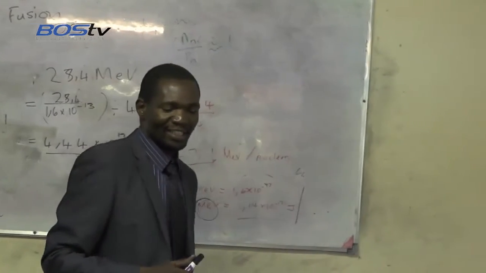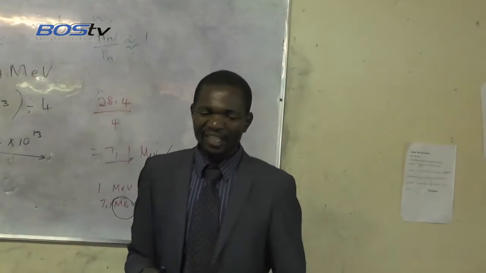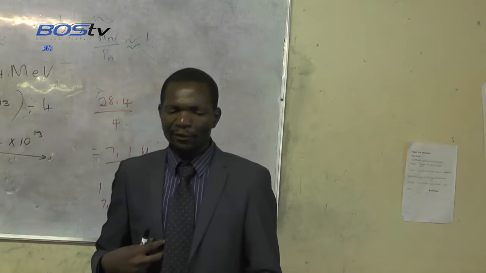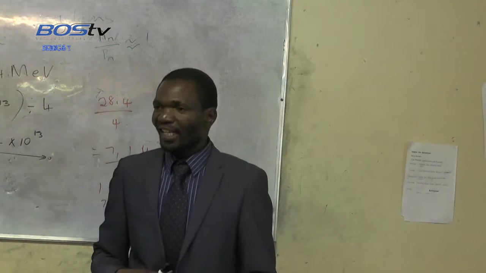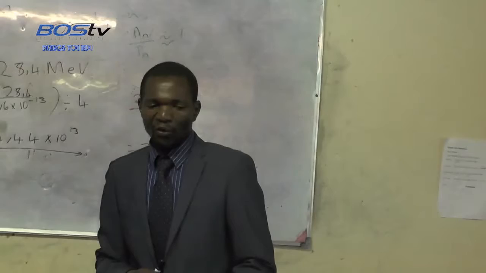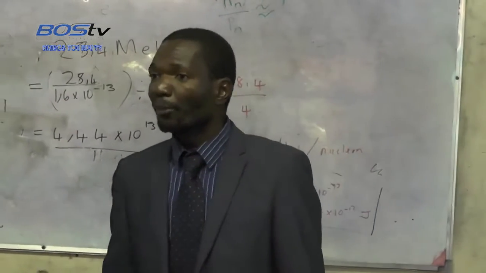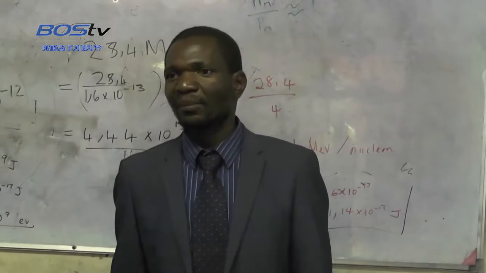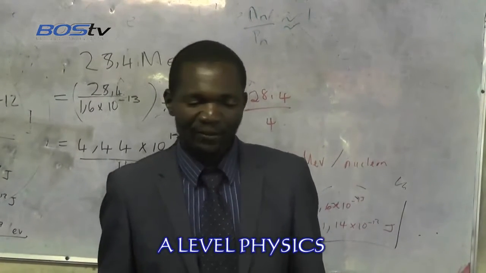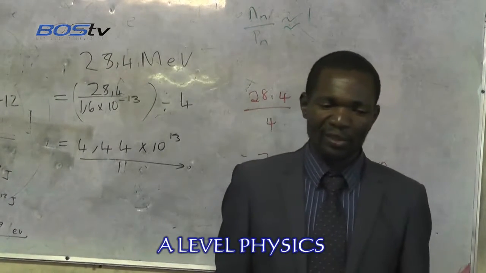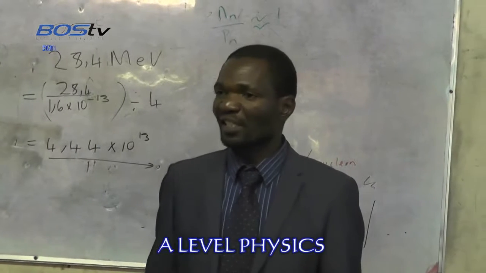Here it's just a comparison with a chemical reaction. When you've got a chemical reaction, the total energy of reactants will be larger than the total energy of products. Most of us do chemistry. And we can also compare with mechanical systems.